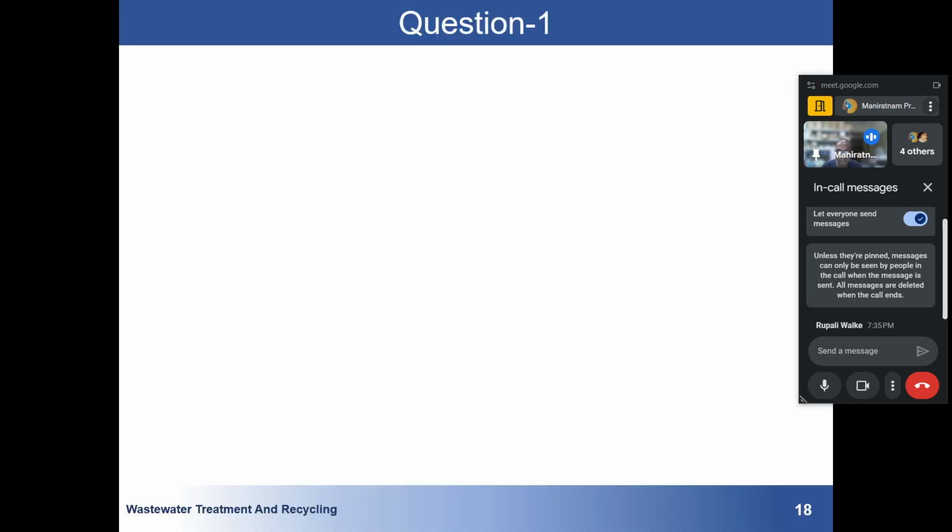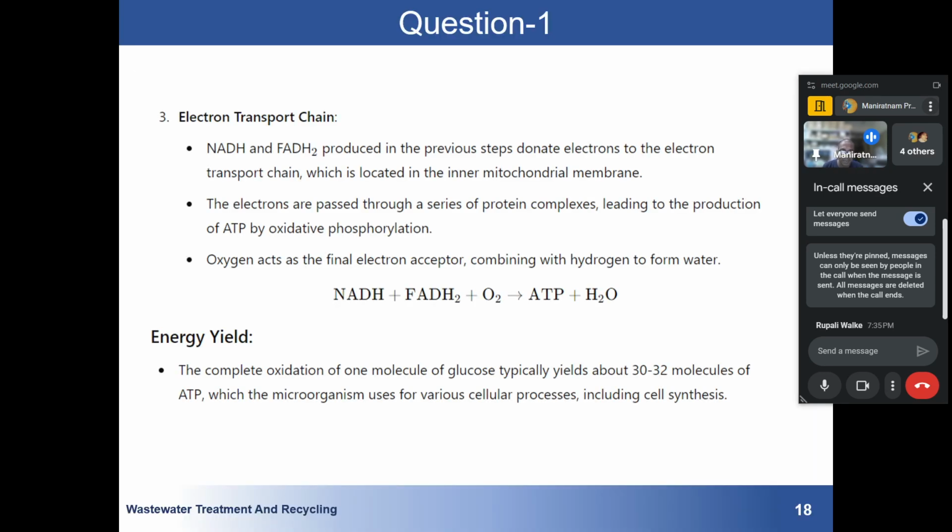Just don't mug up things. You can always search on the internet, where a huge amount of material is available. Search glycolysis, Krebs cycle, and it will explain in a very detailed way.